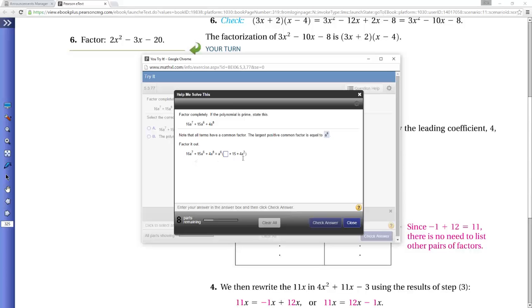But if they factor out a to the 6th, they're looking at this one ends up to be 15, because I took that, it ends up to be just 15 times 1. And if I take a to the 6th times 4a squared, what do I get? I get 4a to the 8th power. So that's that term. So this one's going to be 16a to the 1 power, or just a.